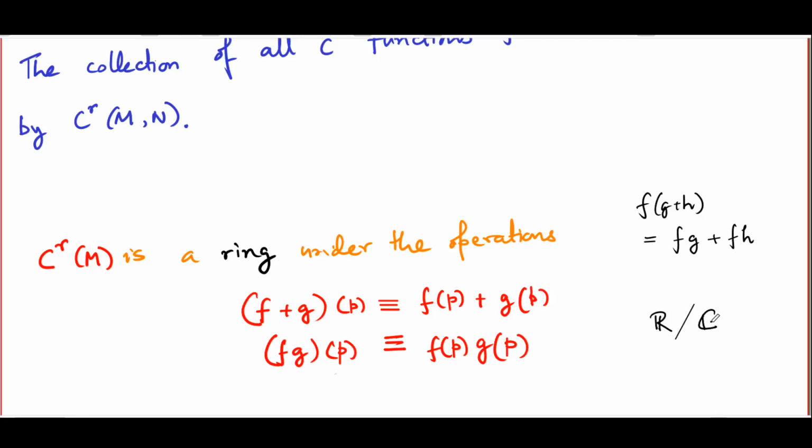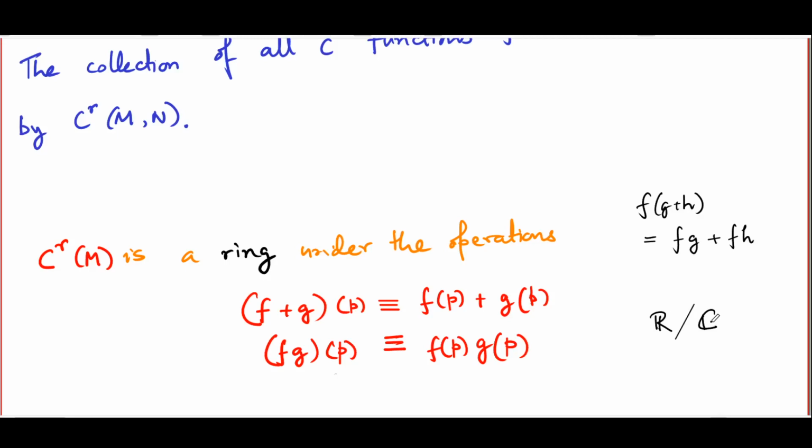In other words, you are not allowed to divide by functions which vanish at one or more points on the manifold. But on a field, you should be able to divide by every non-zero element. Every element which is not the additive identity. In the set of all functions, the additive identity is simply the zero function, the function which returns 0 everywhere, so that adding it to any function f does not change its value at any point.